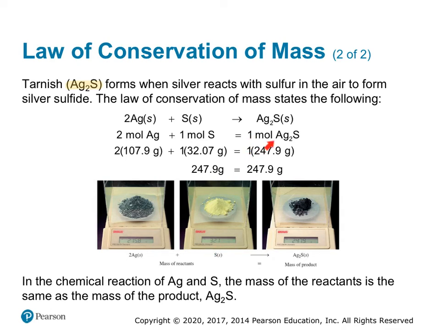And the molar mass of silver sulfide is 247.9 grams. And here the silver sulfide is 247.9 grams. So if I add up this mass and that mass, the silver and the sulfur, I get 247.9, which is the same mass as the mass of the products.